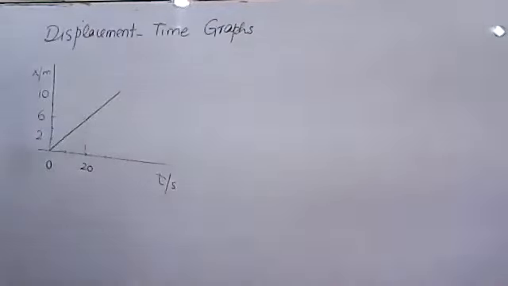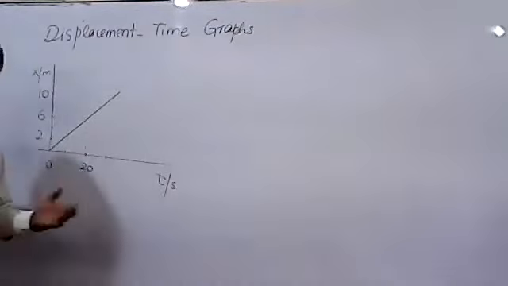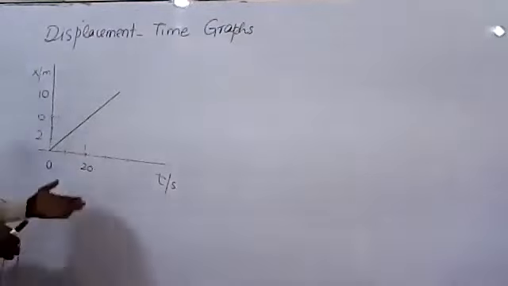The object must be moving along a straight line because equal distances are being covered in equal intervals of time. So the object is moving at a constant speed or a constant velocity. Again, the difference between speed and velocity is blurred here because the object is moving along a straight line.